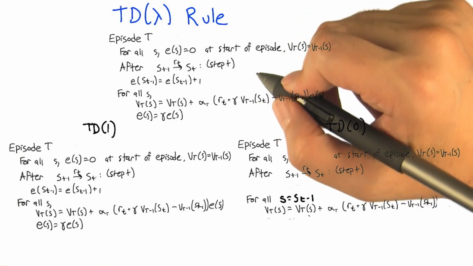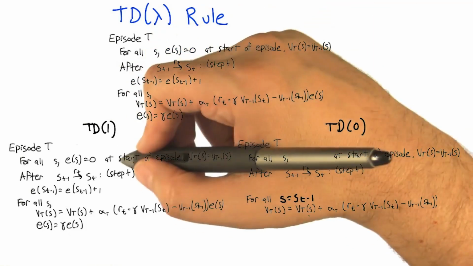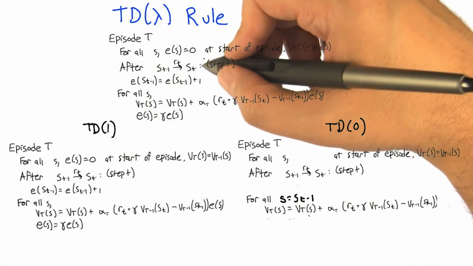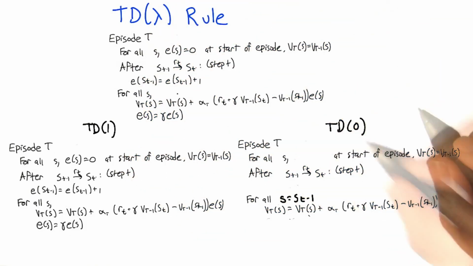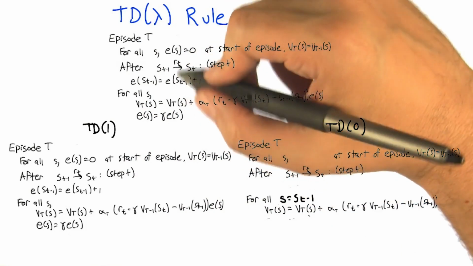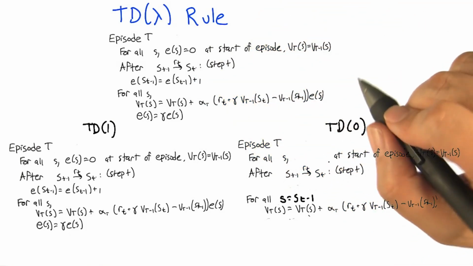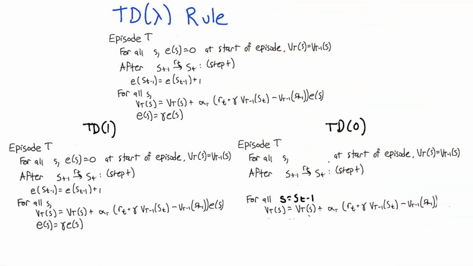All right, so now we're ready to describe the TD lambda rule. What I've done now is I got rid of those words, and I took the TD1 rule and copied it up here. So this is currently TD1. What we now need to do is make changes to it, as small as we can, so that it turns into TD0 when lambda is equal to 0. So we need to introduce a lambda.